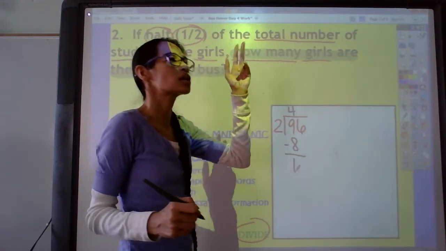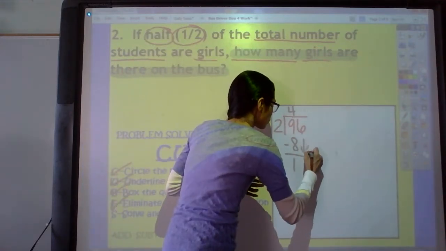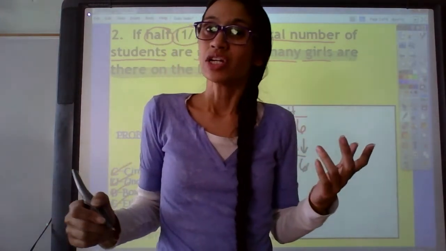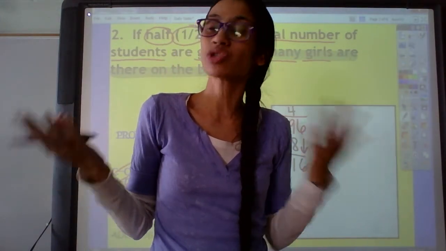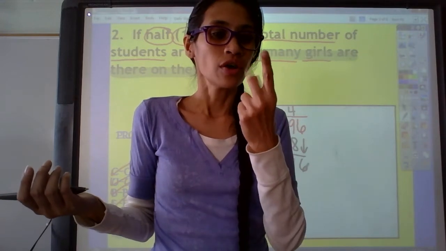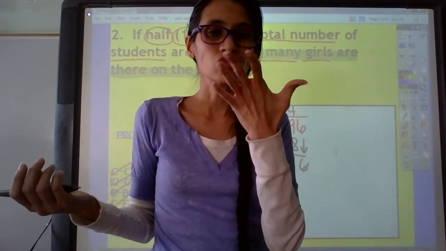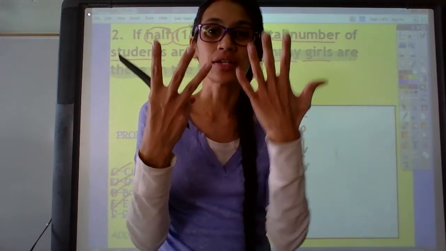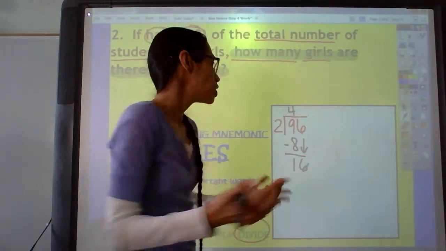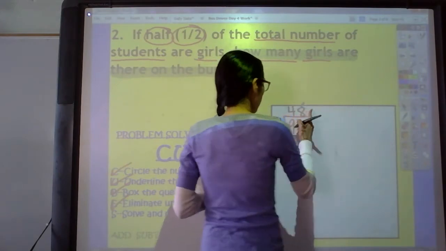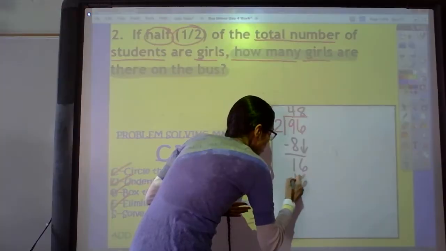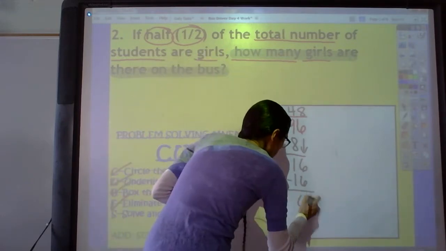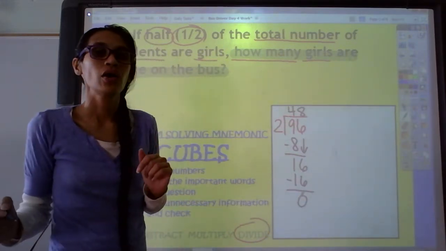Bring down the 6. Come on down, number 6. How many times does 2 go into 16? So let's count by 2s all the way to 16. 2, 4, 6, 8, 10, 12, 14, 16. How many times is that? 8 times. So write an 8. And we know 8 times 2 is 16. We are done because 16 minus 16 is 0. Bam, done with that.